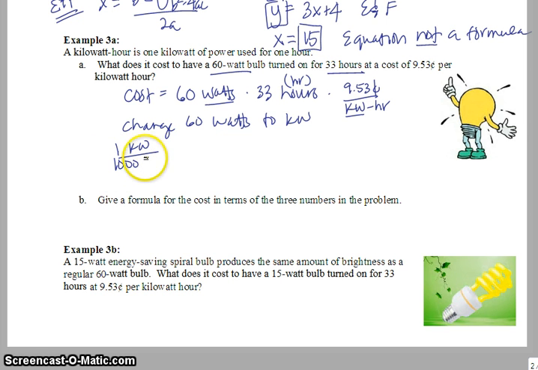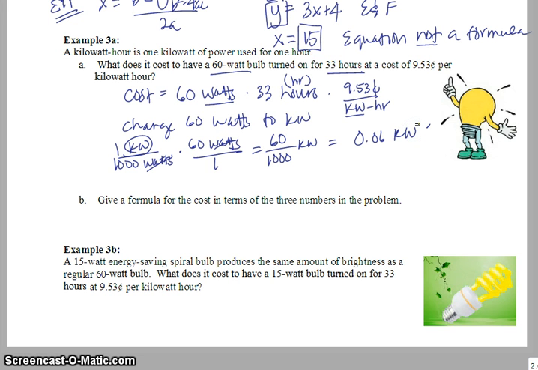Just like the conversions whenever you have the K, the kilo with the normal. And we're going to multiply that by 60 watts. We cancel out our watts, so we know our units are going to be kilowatts. So we're left with 60 over 1,000, and we're going to have kilowatts as our units. And that equals 0.06 kilowatts.